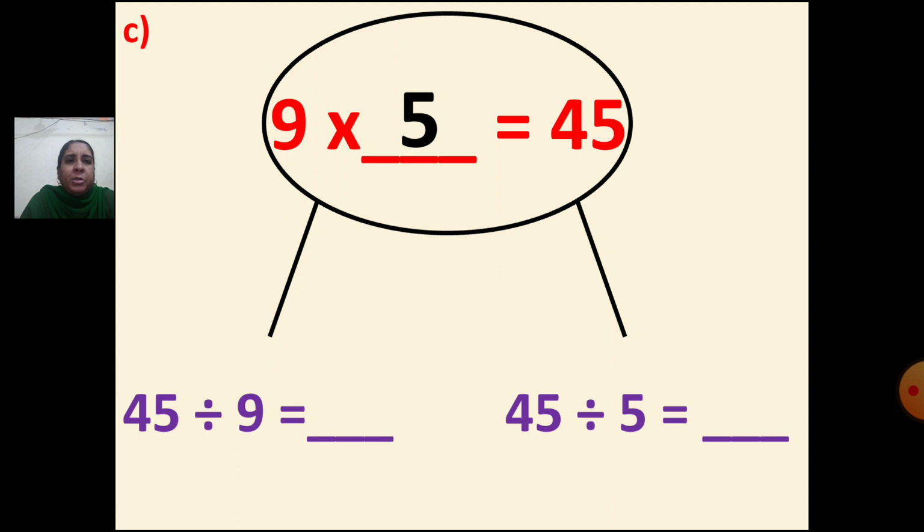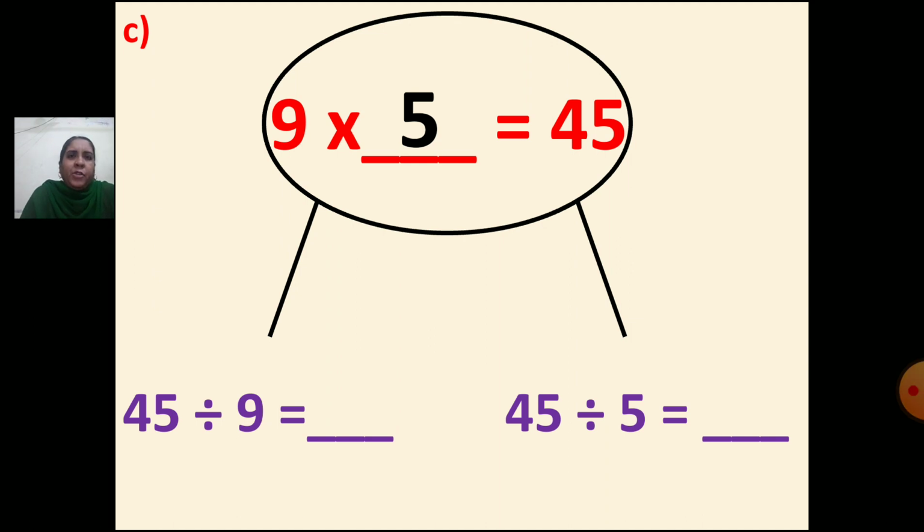Now question number 3. 9 multiplied by 5 equal to 45. That is 9 fives are 45. Now how are you going to write the division facts? Okay. 45 divided by 9 equal to dash. Now you have to say table of 9.